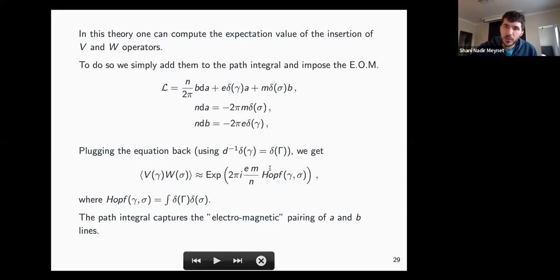If I do this procedure, it happens that the expectation value of this object is given by the linking of these two, and the linking is computed exactly through the integral of the wedge of these two delta functions. One is the delta function that localizes on one loop, and the other is the delta function that localizes on the other loop with a surface attached to it.